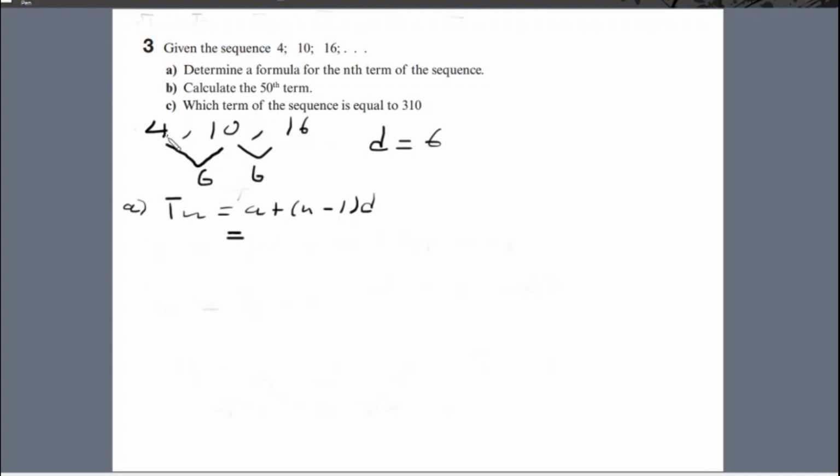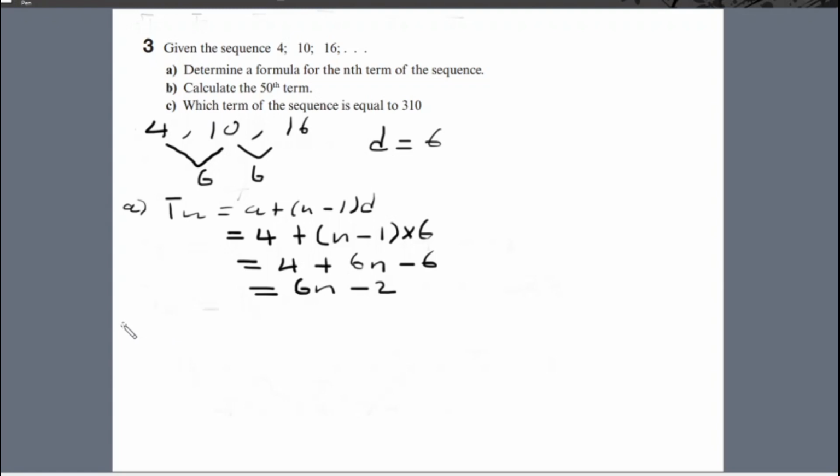In this case a is 4, plus n minus 1 times d, the common difference, which is 6. Therefore we have 4 plus, multiply my brackets, 6n minus 6. Therefore the formula for the nth term is 6n minus 2, right?